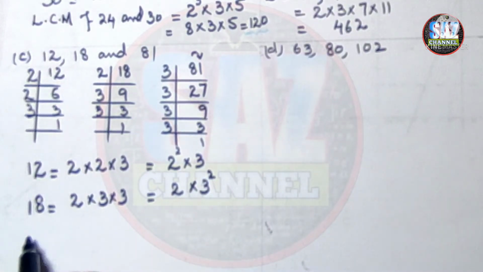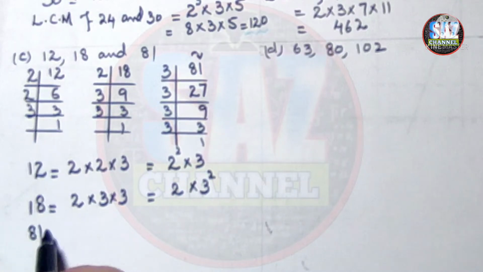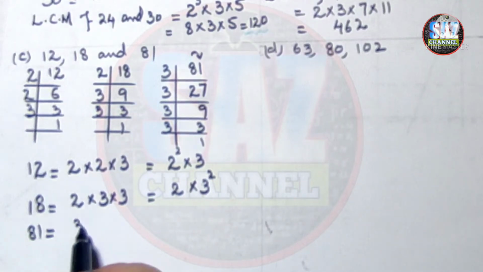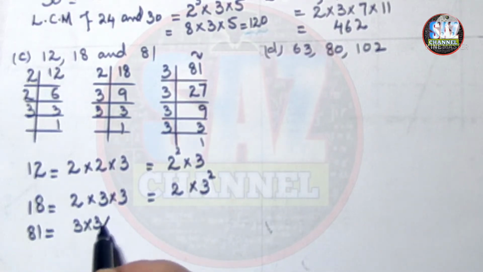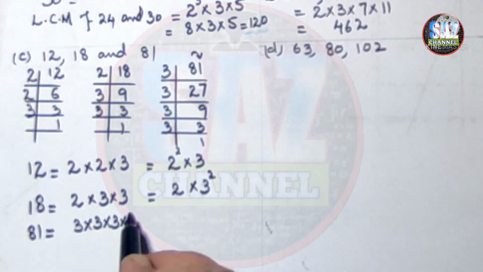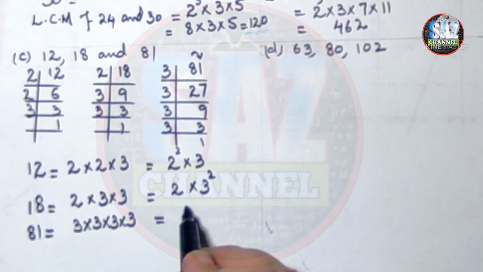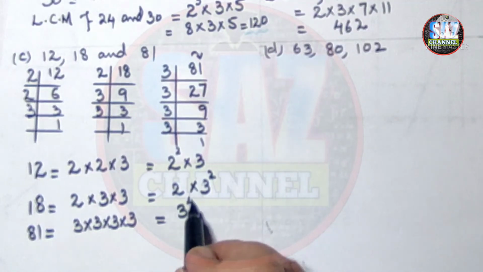And 81 is 3 3s are 9, 3 9s are 27, 3 27s are 81, so 3 raised to power of 4 only.